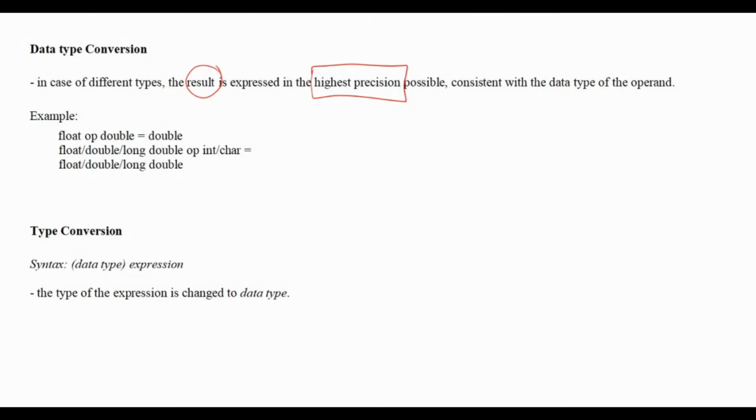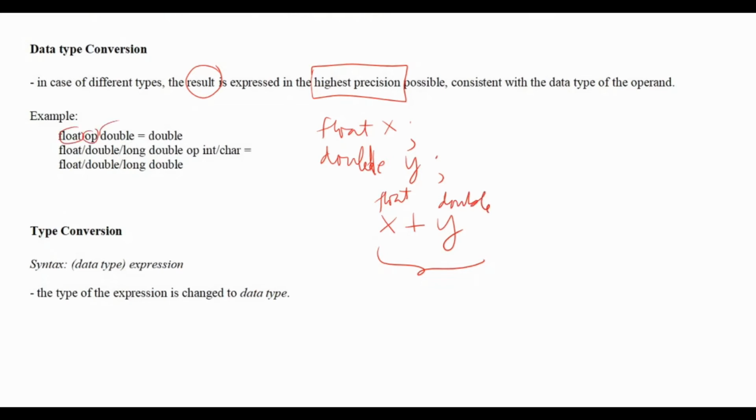Example, if we declare type float x and type double y, and then we say x plus y, what is the data type of the result? X is float, and Y is type double. So we have float operator double. The data type of the result is type double, the one with the highest precision.